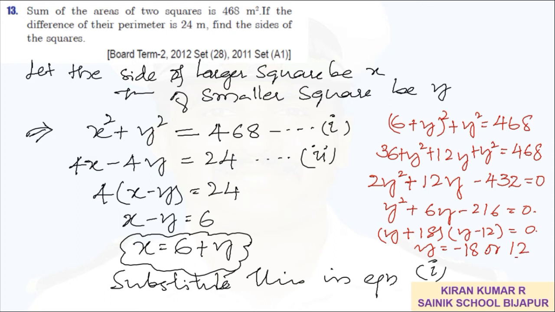We have to neglect this negative 18, because the side cannot be negative. Therefore, y value is 12. We can find the value of x. x will be 18.